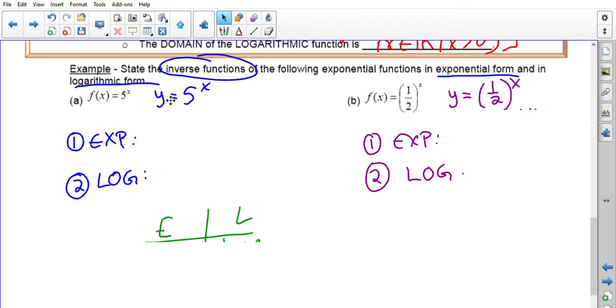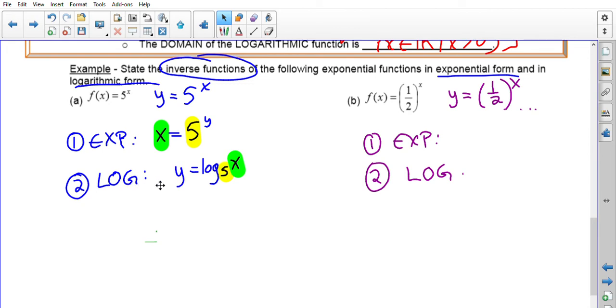The exponential version is just swapping these two: x = 5^y. Our log form is y = log of x to the base 5, so the 5 is lower. Log and x should be on the same level, and the 5 is the subscript.